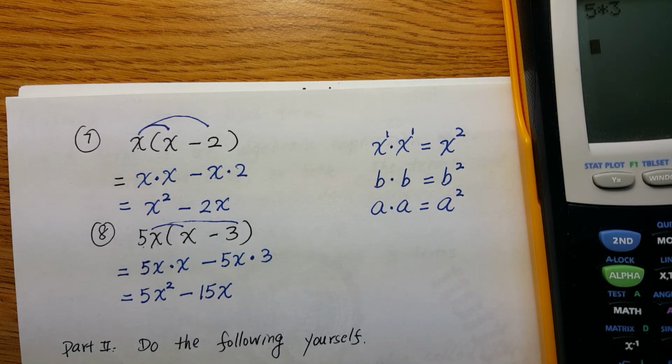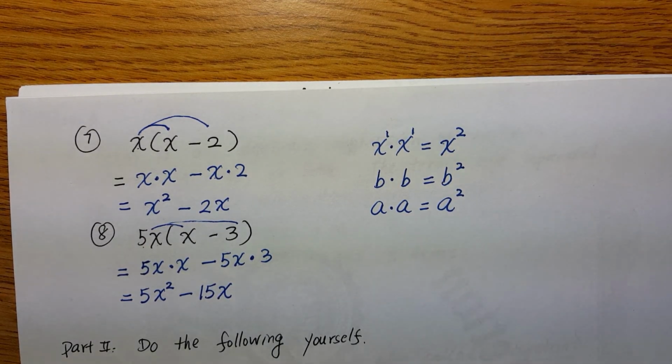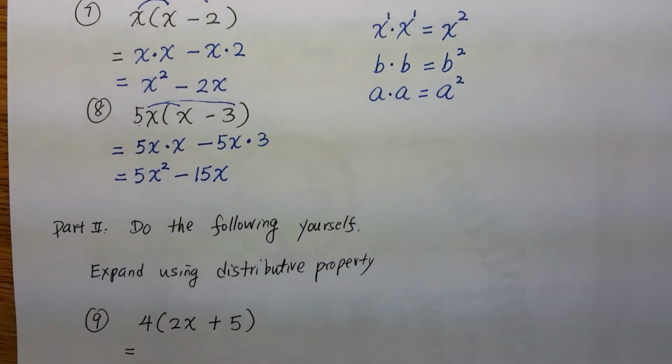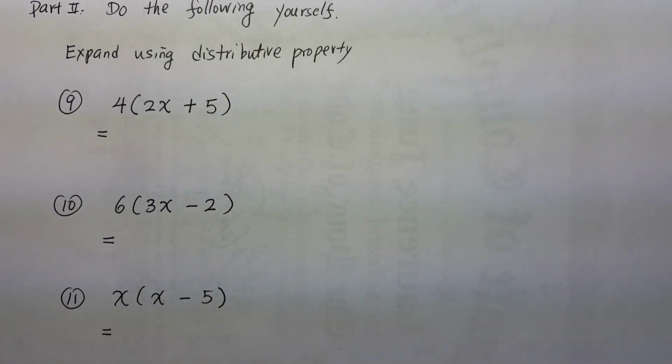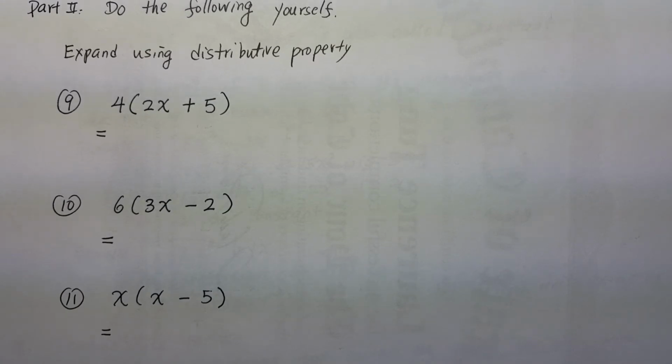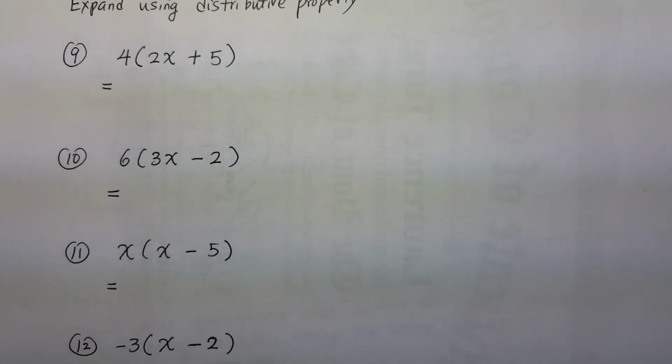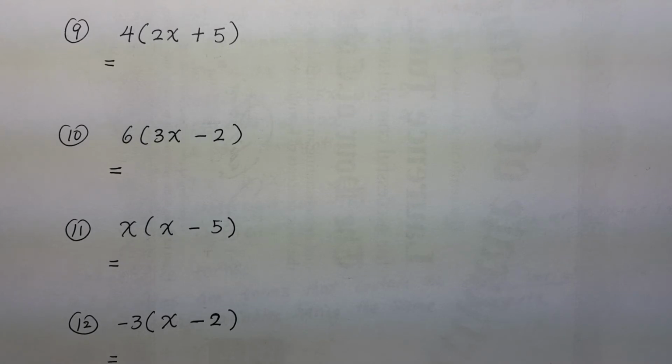Now I'm going to ask you to do the following by yourself, pretending that you're inside a class, and you are going to expand the following using the distributive property. So you have 9, 10, 11, 12. I'm going to give you 2 minutes, and after that, I'm going to show you the answer.